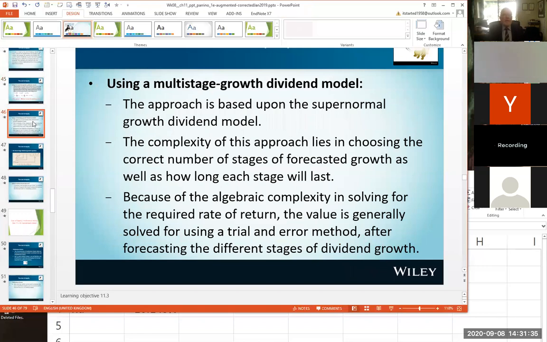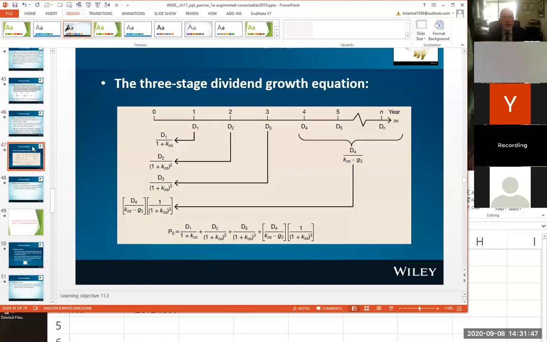Okay, now we get to the multi-stage, or what we previously encountered as the supernormal growth model, which is pretty much what's being described there. The interesting part, I think, is this table here, or this timeline. Remember, last week I was getting you to do cash flow diagrams. I showed you one form of cash flow diagram just to give you an idea of how they work.